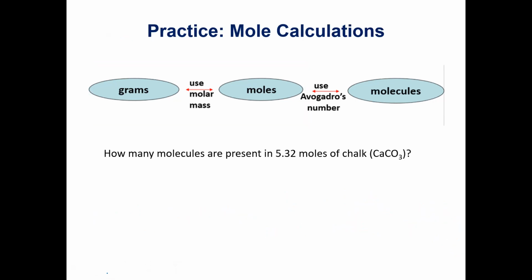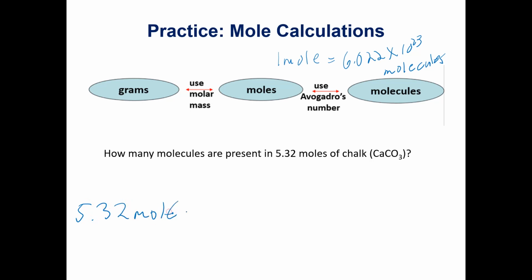Now let's look at one where we need to go from moles to molecules. So we said earlier that 1 mole of a substance contains 6.022 times 10 to the 23rd molecules. So if we have 5.32 moles of calcium carbonate, remember we can use anything as a conversion factor.